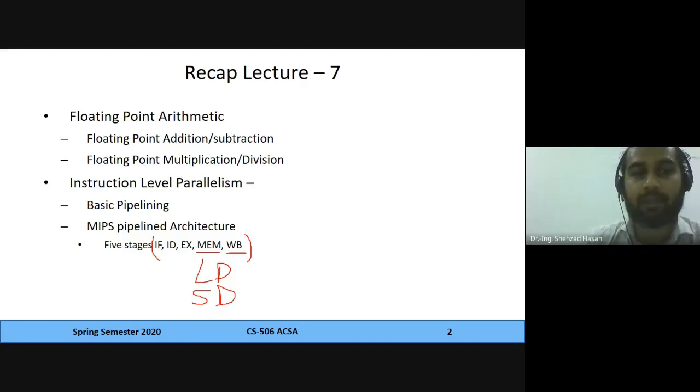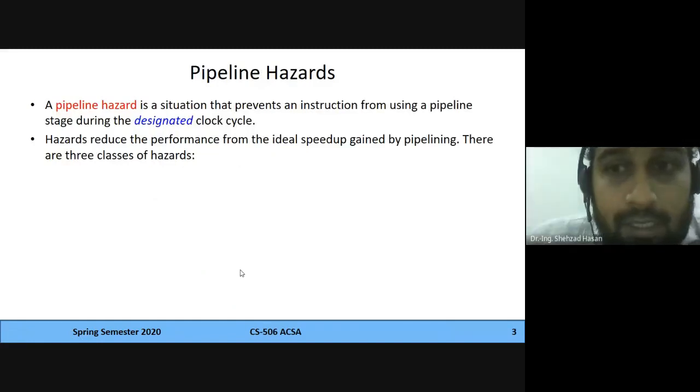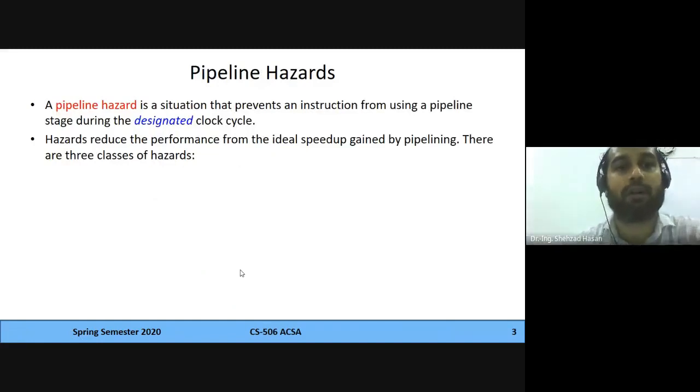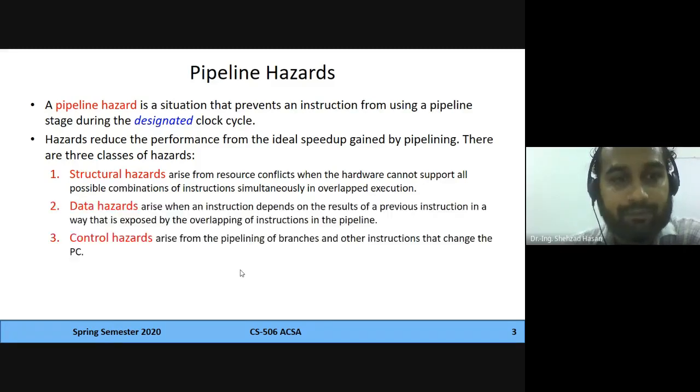Sometimes this does not happen. Sometimes there are problems in the pipeline. When there are problems and you cannot start a new instruction from a new cycle, we call those events pipeline hazards. A pipeline hazard is a situation that prevents an instruction from using a pipeline stage during its designated clock cycles. And there are 3 types of hazards: structural hazards, data hazards, and control hazards.